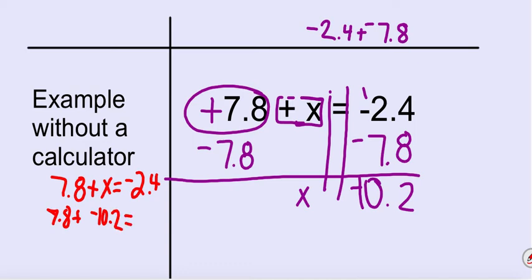In this example, it's already adding, so I don't need to add the opposite, and I need to say, well, there's more negatives, so the negatives are going to win. But by how many? So to figure out by how many, I go back and I subtract 10.2 minus 7.8. That's going to be 2.4. I already said it was negative, so I was aware of that. So negative 2.4 would be my answer.